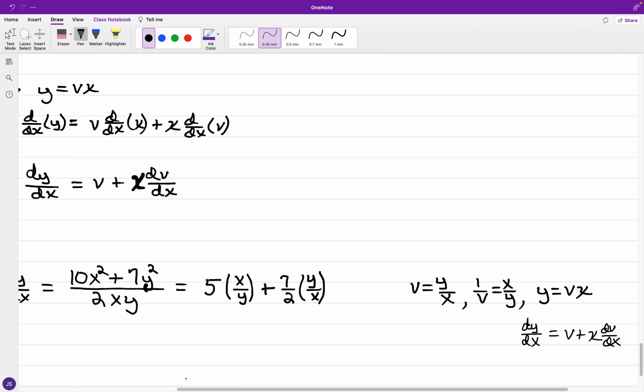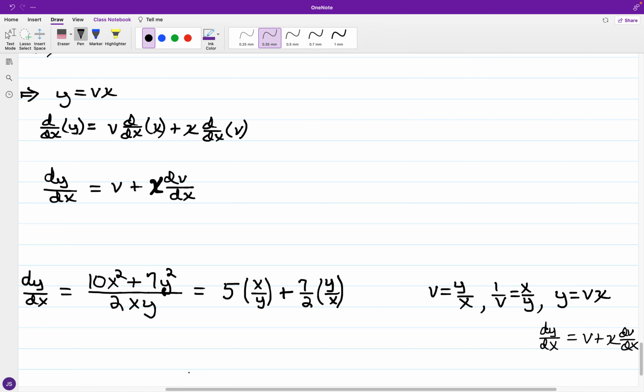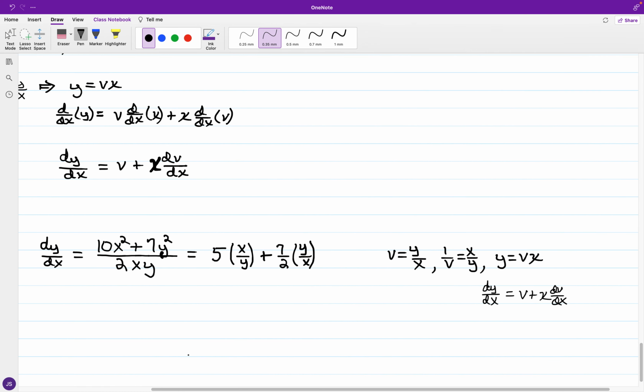And for the original equation, whereupon we had dy over dx, we had 5 times x over y, and again, x over y is the reciprocal of v, so we have 5 over v, plus 7 halves of y over x, so that's going to be 7 halves of v.